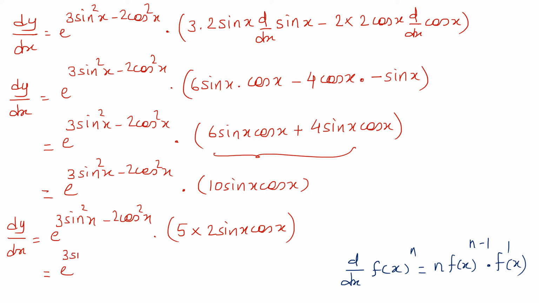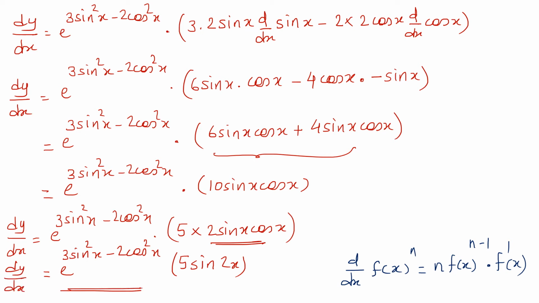In trigonometry, you might have studied a formula for 2 sin x cos x. And what was that formula? 2 sin x cos x can be written as sin 2x, while I'm keeping 5 as it is. So my dy by dx is e raised to 3 sin square x minus 2 cos square x into 5 sin 2x. This is my final answer.